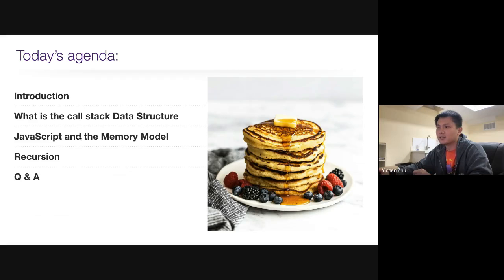Then we're going to talk a little bit, not too deep, about JavaScript's memory model and how the stack actually fits in. Then we'll go through some examples of tracing through the stack, which is a systematic way of tracing through things, because that's always something that confused me.